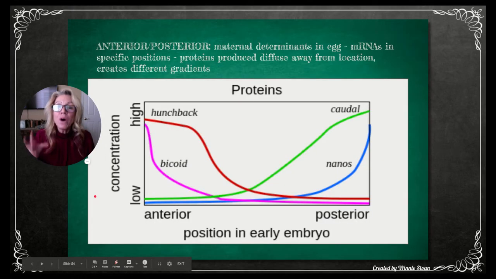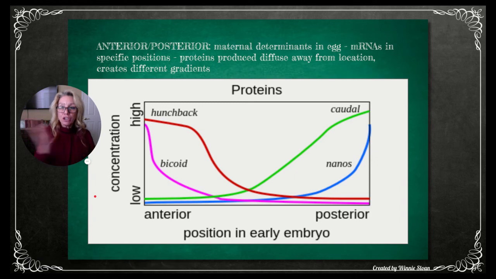Okay, so looking at these proteins that I just showed you in a ratio, developing anterior-posterior, these are maternal determinants in the egg before the egg is even fertilized also, and this has to do with mRNAs. Remember, those are messenger RNAs that will be translated into proteins. And so here you can see you have your concentration of your hunchback and bicoid mRNAs over here. You have nanos and caudal, and so they're all at different ratios.